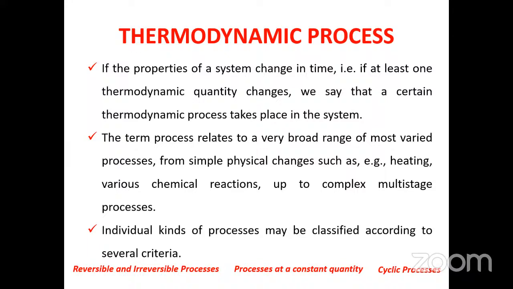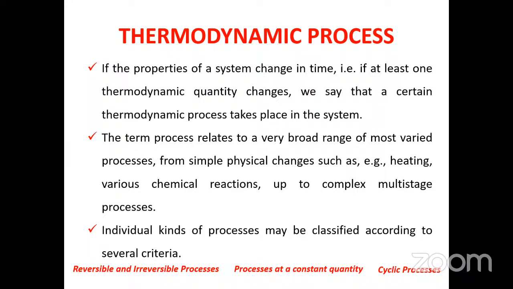And so these processes can be classified according to several criteria, like I mentioned earlier to you. One, we have reversible and irreversible processes. We have processes at constant quantity.